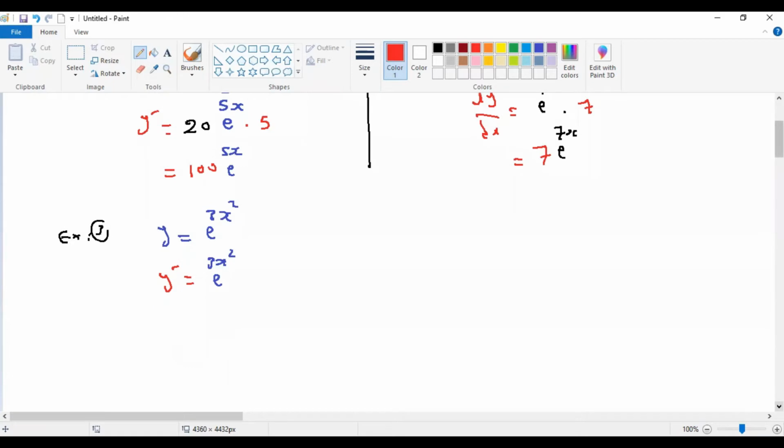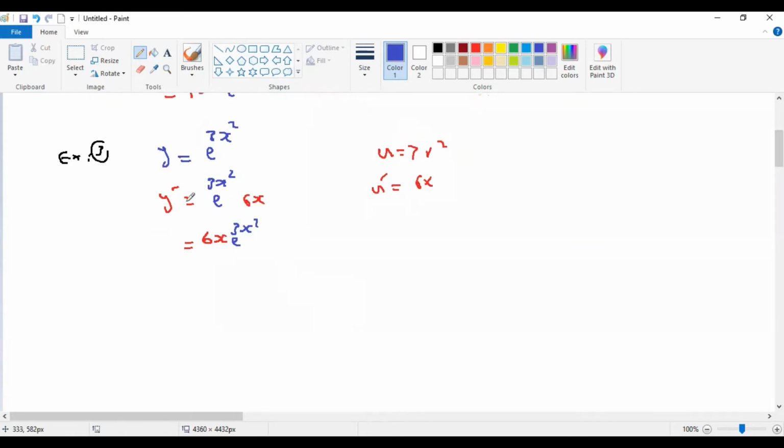Multiply by the derivative of the power. So u is 3x squared, and u prime is equal to 6x. So multiply by 6x. We first write the number, then the variable, and then e. So the answer is 6x e to the power 3x squared.